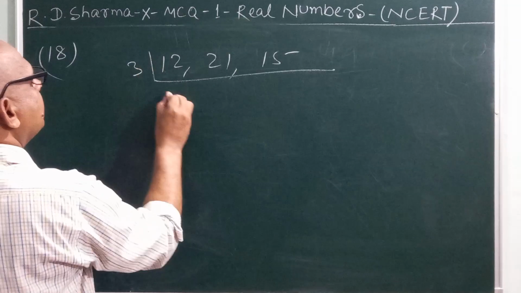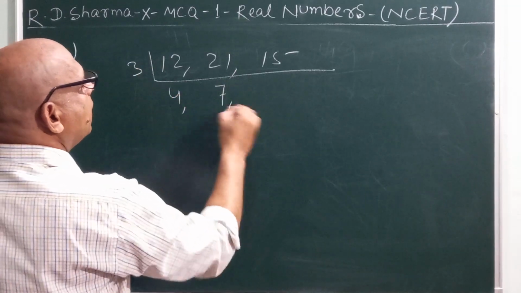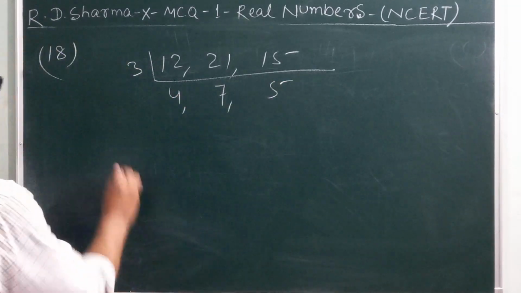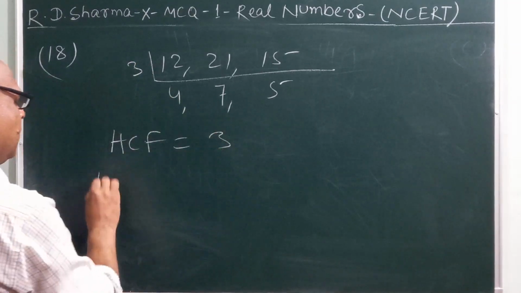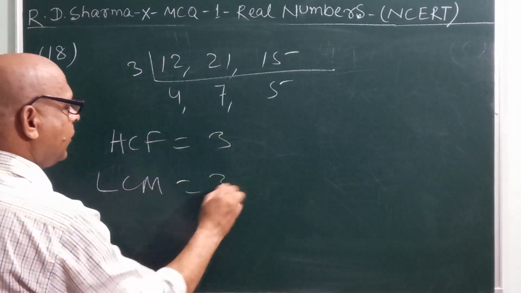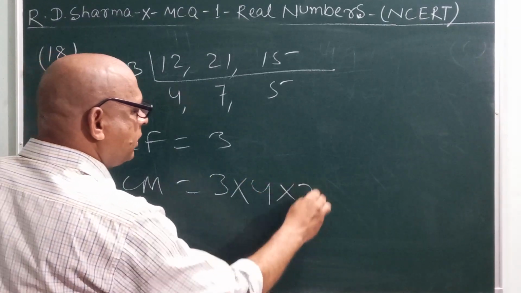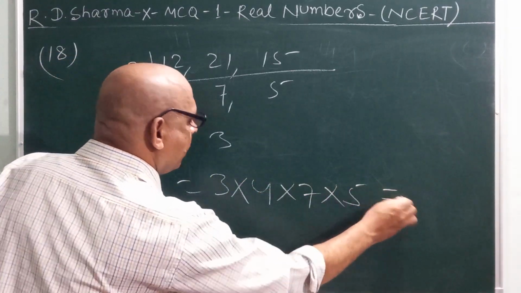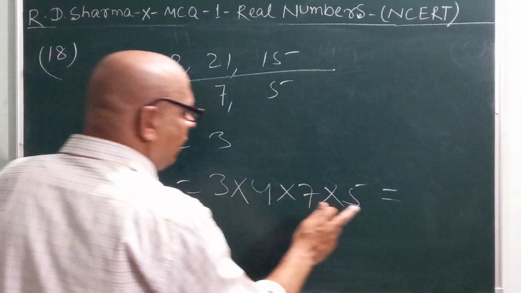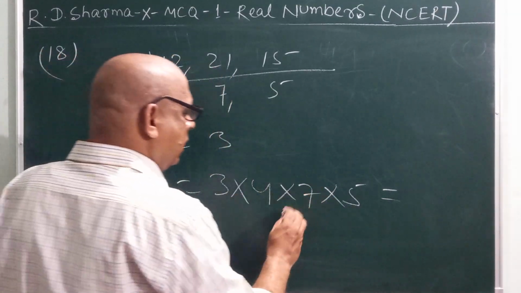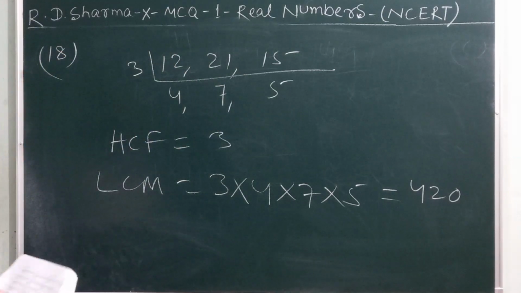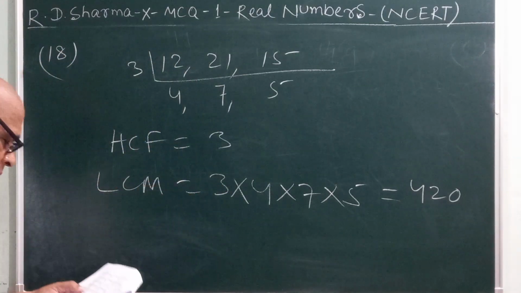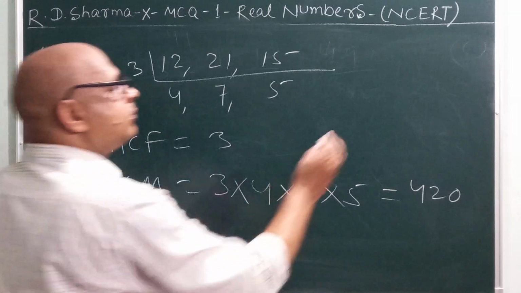Dividing by 3 gives 4, 7, 5. HCF equals 3. LCM is 3 into 4 into 7 into 5: 3 into 5 is 15, 15 into 4 is 60, into 7 is 420. HCF 3, LCM 420. Answer C.